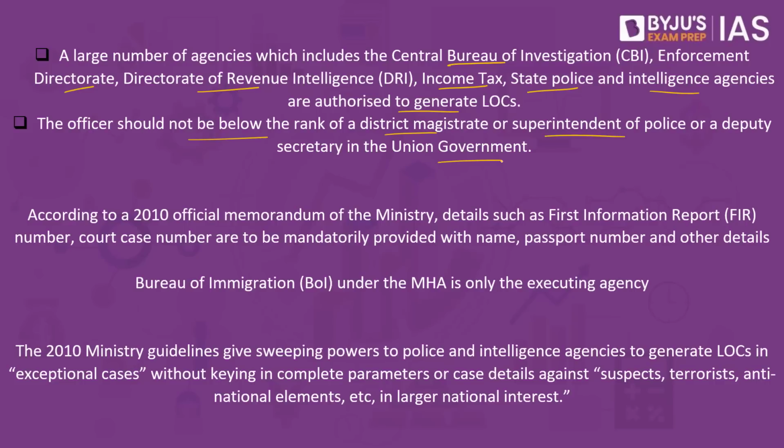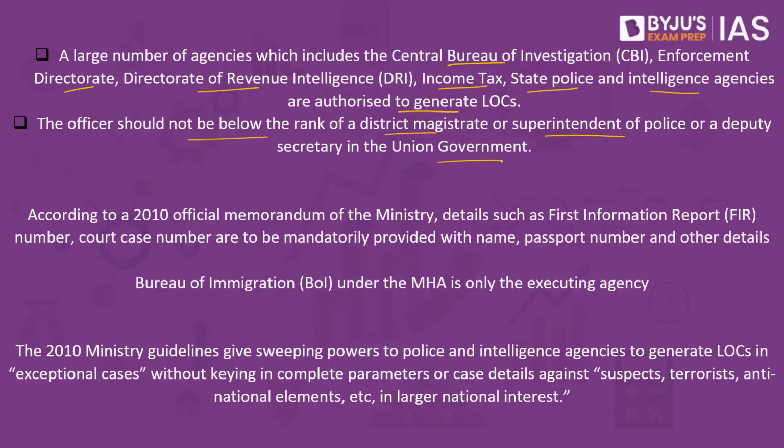These agencies can issue LOCs and prevent a person from leaving the country. A person wanting to enter the country who may engage in illegal activity can also be put on the lookout circulars. So if a terrorist is planning to enter, and there is a lookout circular, this person can also be arrested at the airport or the seaport.